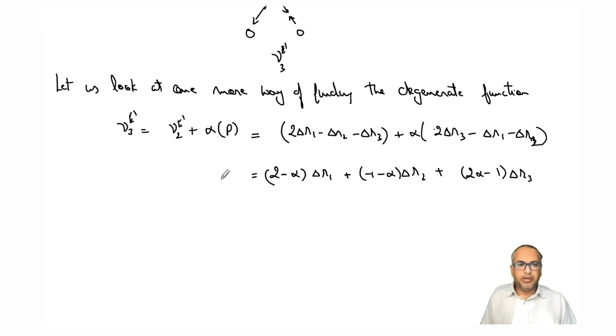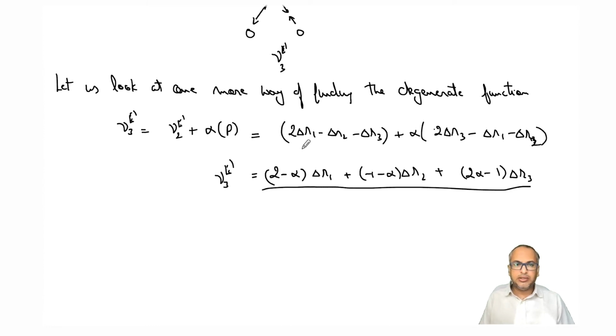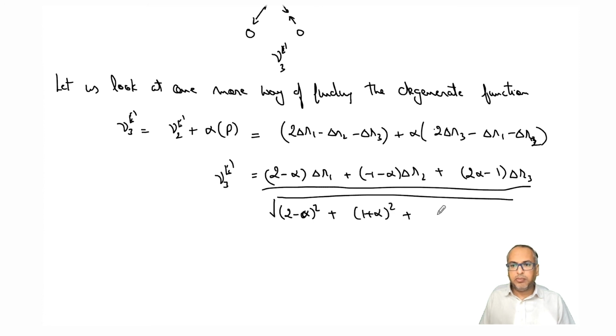Now this is my nu3 E prime, and because these were not normalized, we need to normalize it. The normalization coefficient is the square root of the sum of squares of the individual coefficients. So we can write (2 minus alpha) square plus (1 plus alpha) square plus (2 alpha minus 1) square.